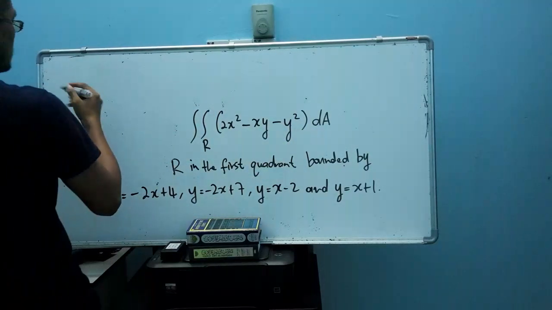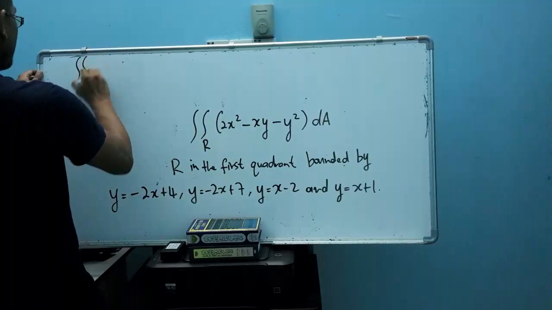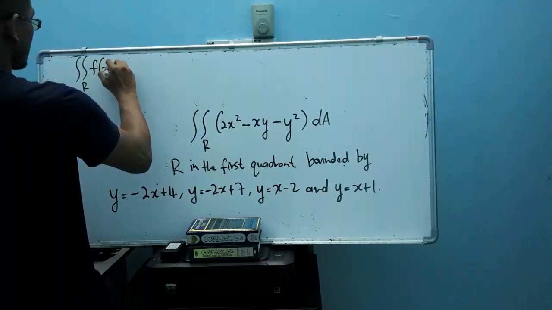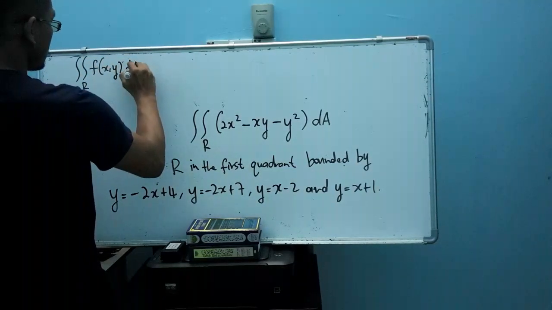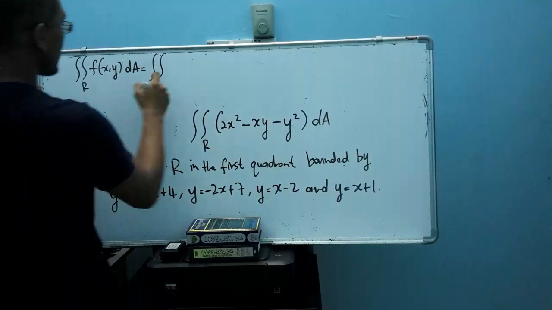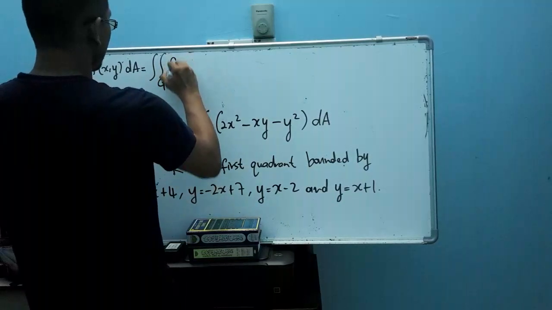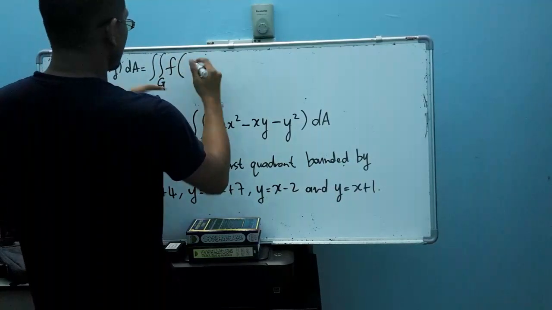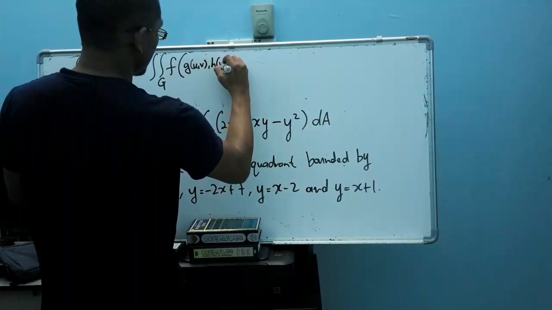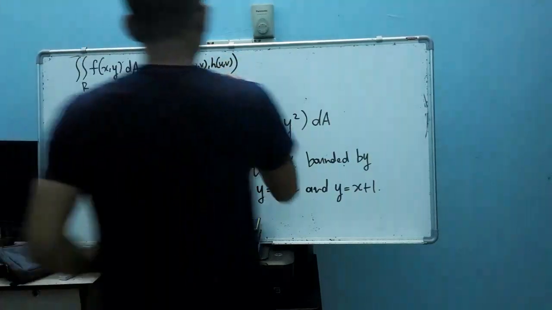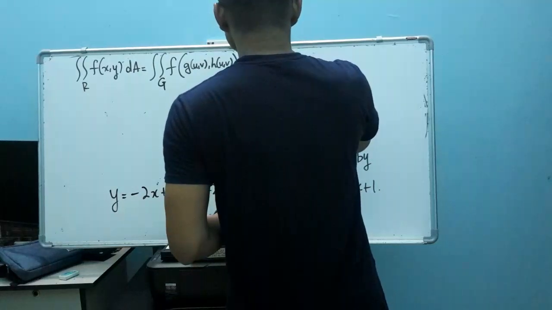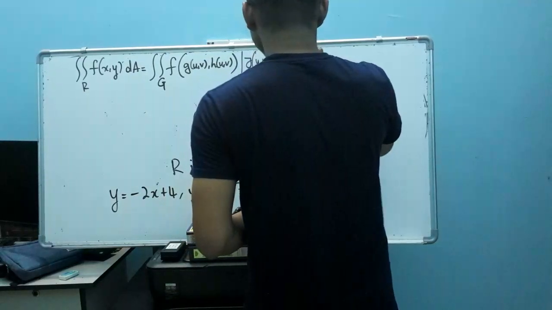When we use the substitution in a double integral, I will have the double integral of R of f(x,y) dA. This is equal to the double integral where my R here I need to change into G, and then I will have f of g(u,v), h(u,v), and then I take the absolute value of the Jacobian, and then I will have dA.